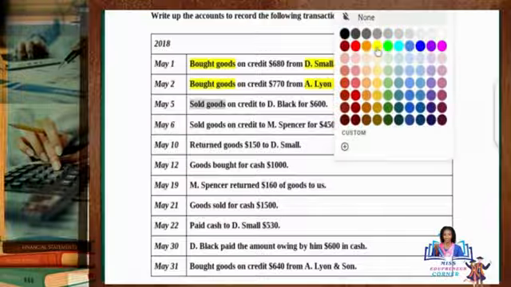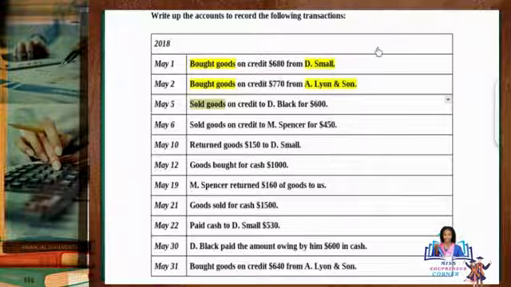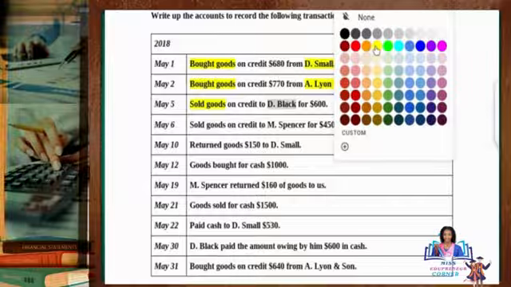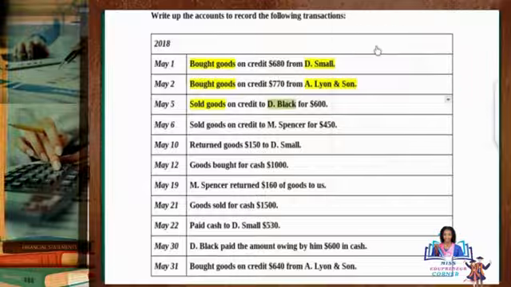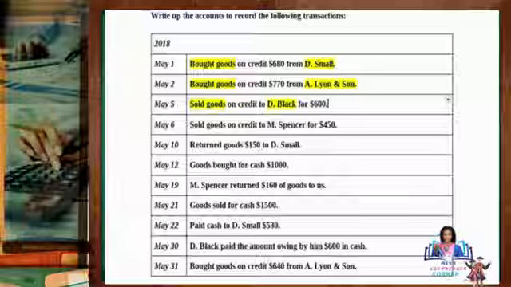So the sales account is affected right here, and also D Block's account is affected. The business sold goods on credit to D Block for $600. The sales account is always credited to show a decrease or a reduction in stock.